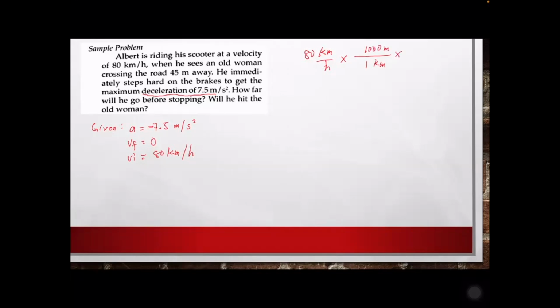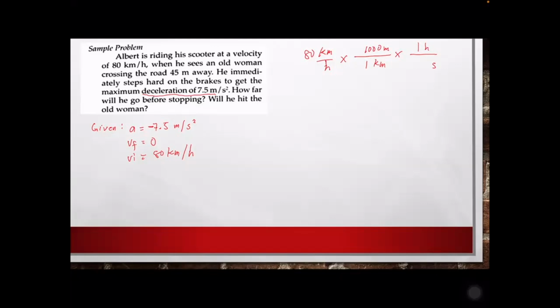So we have 1,000 meter times 1 hour is equal to how many seconds? 60 po. Ang isang minuto ay 60 seconds.